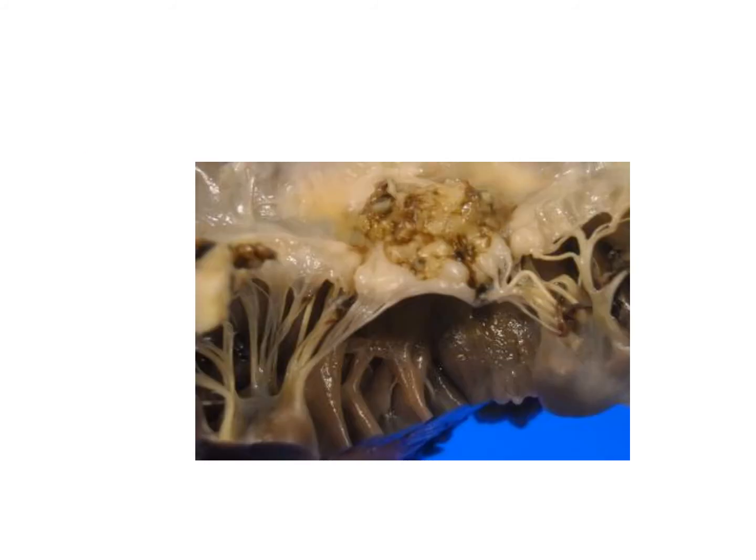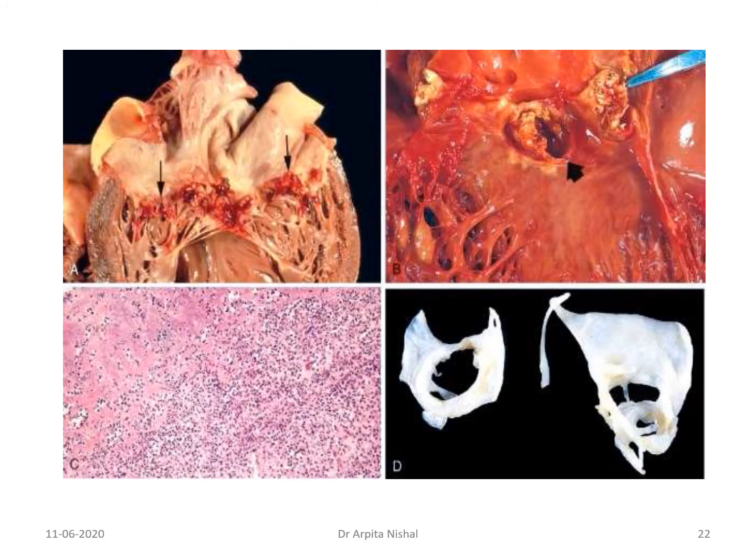So gross appearance, these are the bulky vegetations which are seen on this mitral valve along the line of cusp of contact. Again here in the mitral valve you can see the arrow showing these bulky destructive lesions. This is a bicuspid aortic valve showing these bulky vegetations. This is the microscopic appearance where you see this.